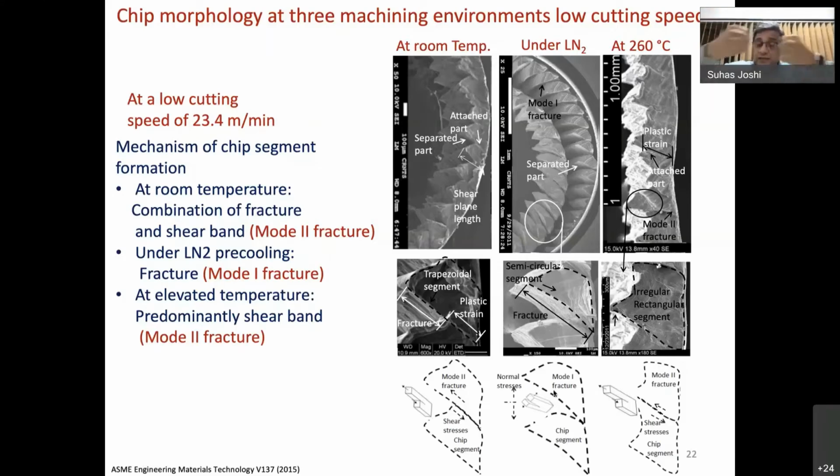It is pulling these two segments apart. The other one is a mode 2 type of fracture, which is the shear type of fracture. So this we call the tear, and this we call the shear. In mythology, Jarasandha was torn apart and only then he died, something like that. So this is tear and this is shear.